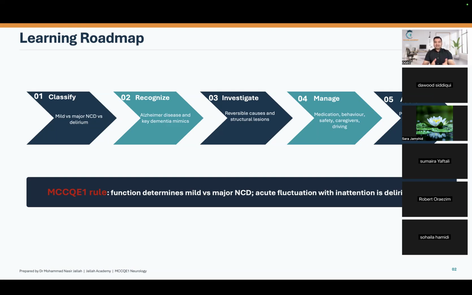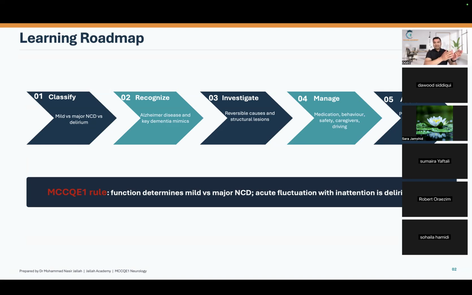Then recognize Alzheimer itself, which is very commonly tested, and the key dementia mimics. There are certain other conditions that are mimicking dementia, but they're not actually dementia. We call it pseudo dementia. Or there are some genetic dementia that we need to discuss.